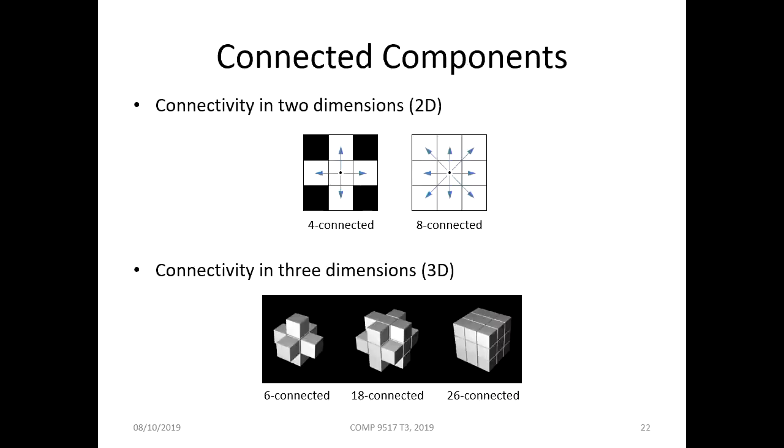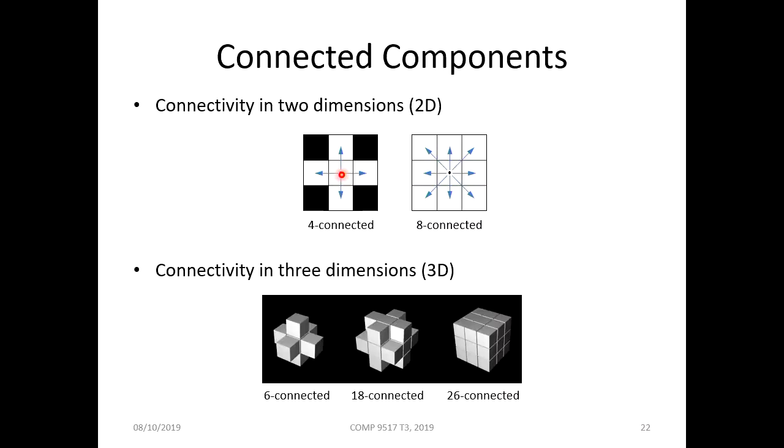The first fundamental thing that you have to define here is the connectivity of pixels that you consider. If images are 2-dimensional, then the most frequently used symmetrical connectivities are 4 connected and 8 connected. 4 connected means if you look at a center pixel, then the top, bottom, left, and right pixels you consider connected to that pixel, and the diagonal ones you consider not connected.